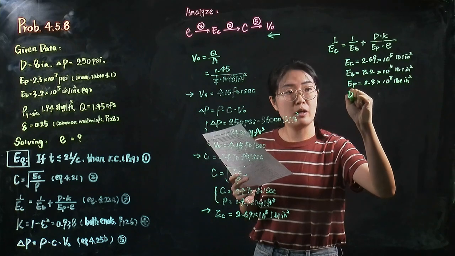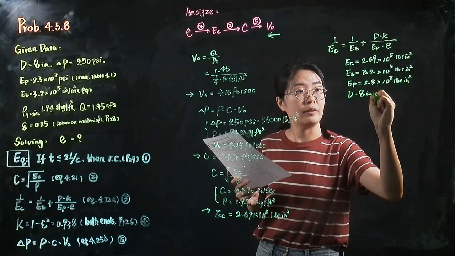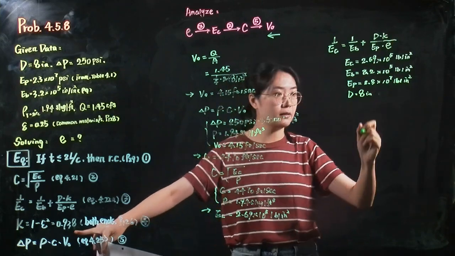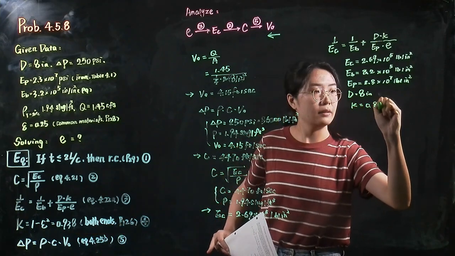The diameter of the pipe equals 8 inches. And the constant K we calculated here equals 0.938.